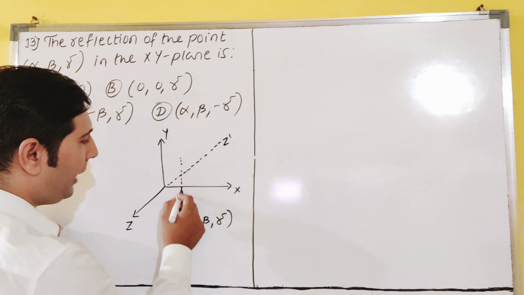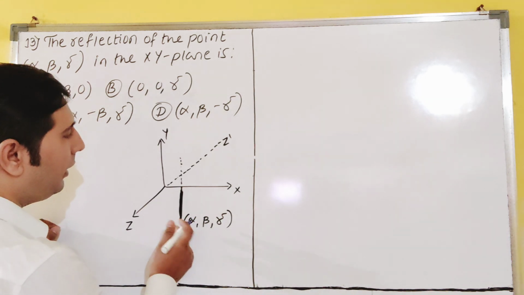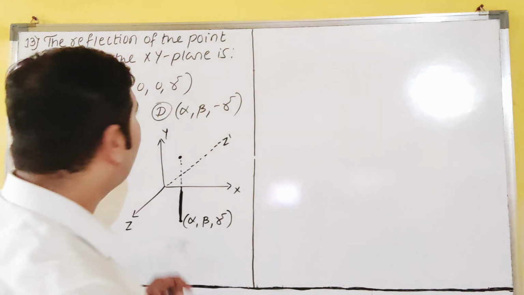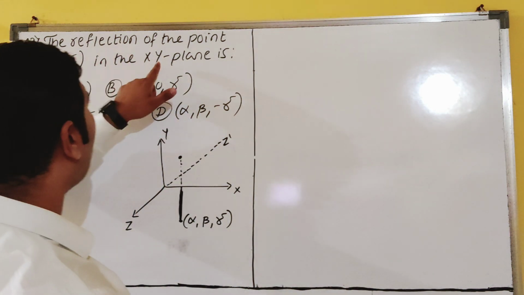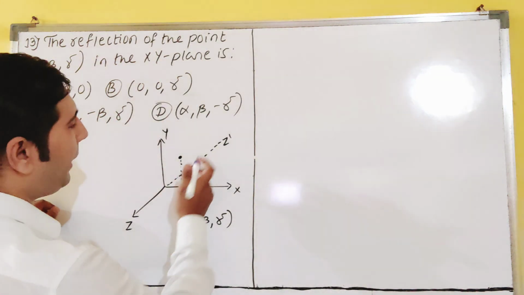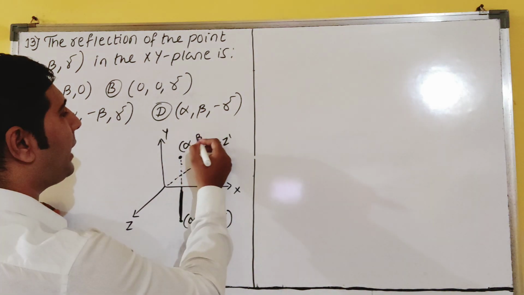However much distance this point has from the x axis, that much distance its reflection falls here. Understood? So the reflection on the xy plane is what they are asking, for alpha, beta, gamma. So xy plane means x and y are positive, that is alpha, beta, gamma.